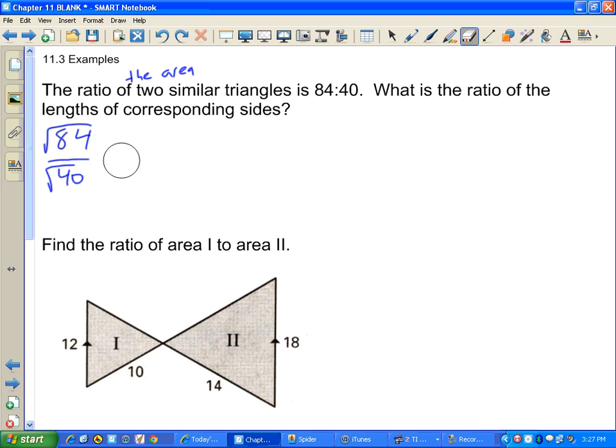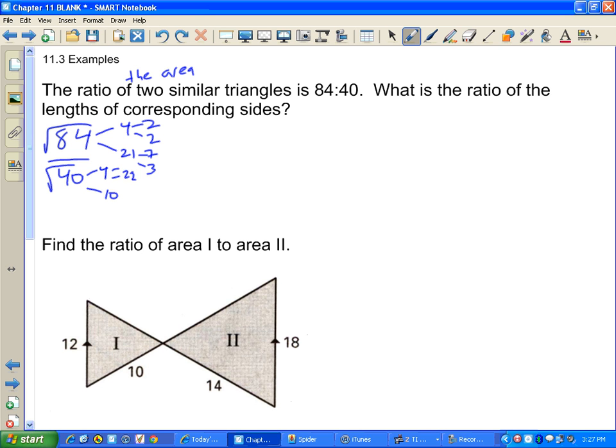So let's break these down. 84 is 4 times 21. This is 2 and 2, and this is 7 and 3. 40 is 4 times 10.